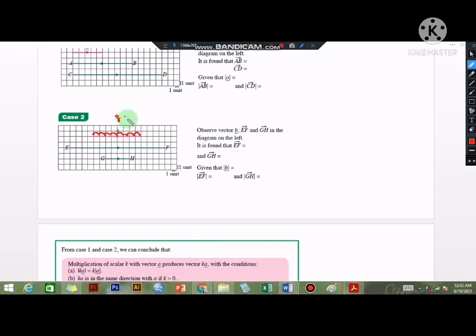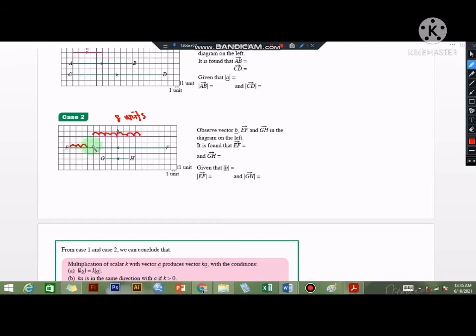So there are 8 units. It is found that vector EF is equal to what? We know that the 8 units represent vector B. So let's look at how many units for vector EF.